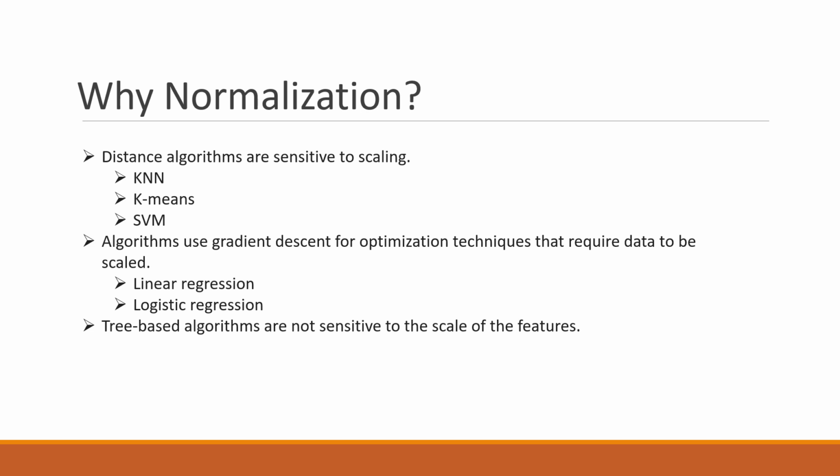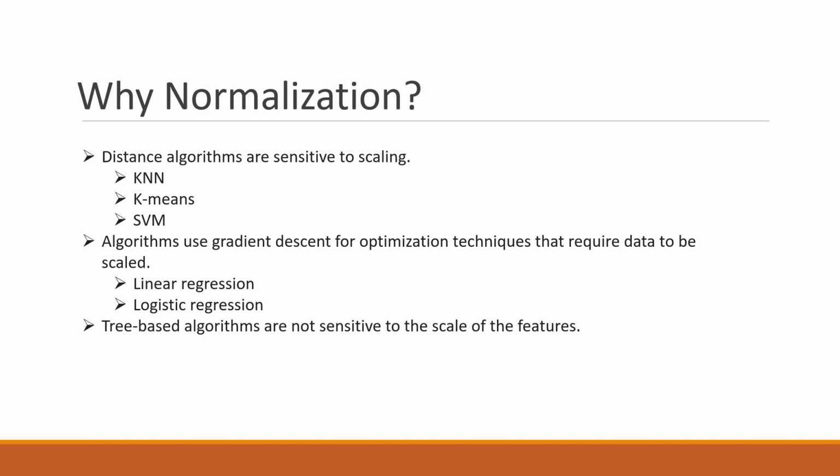Actually, these algorithms are most affected by the range of features, as larger features can dominate smaller ones in terms of distance. Machine learning algorithms like linear regression and logistic regression use gradient descent for optimization, which requires data to be scaled. Having similar scale features can help the gradient descent converge more quickly toward the minimum, improving the training speed and accuracy of the model.